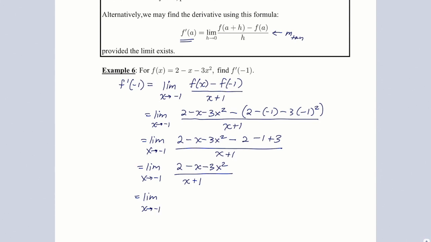I don't generally like to factor things that have a negative coefficient on the x squared, so I want to factor that negative out and rearrange things here.